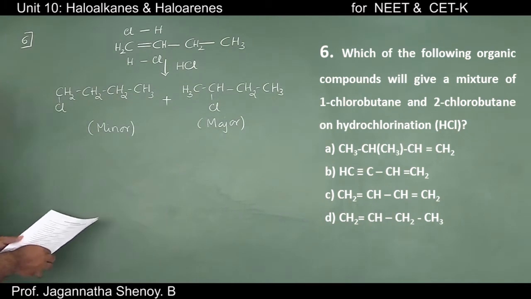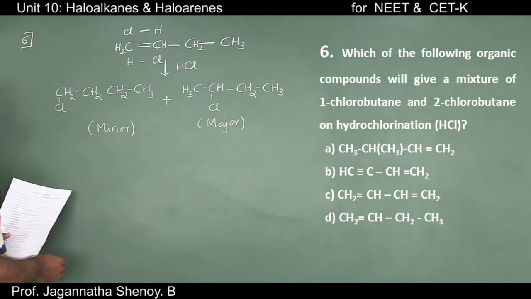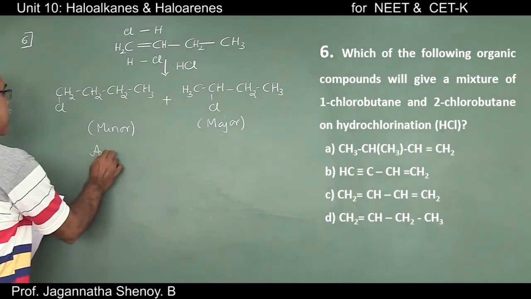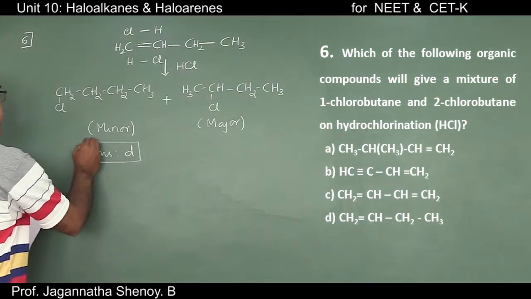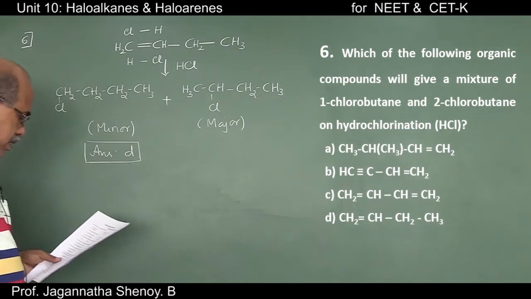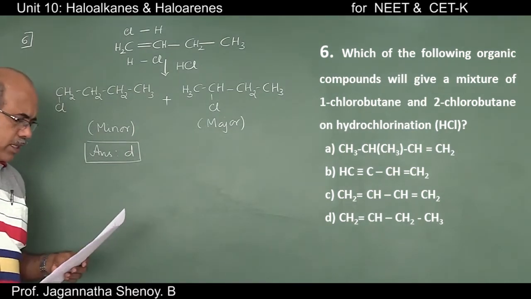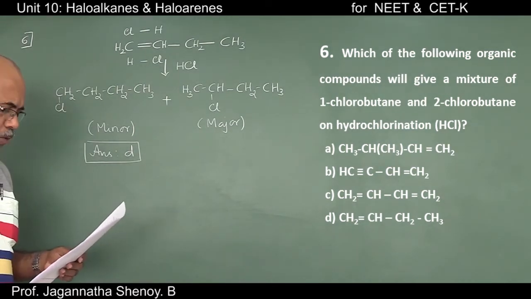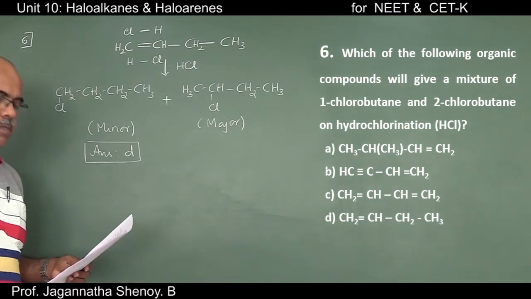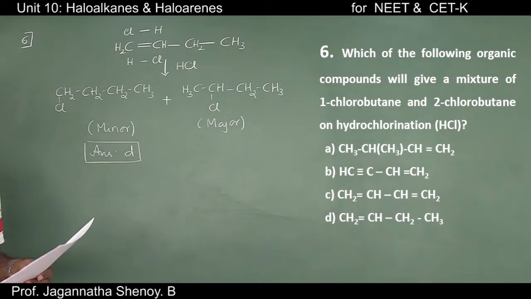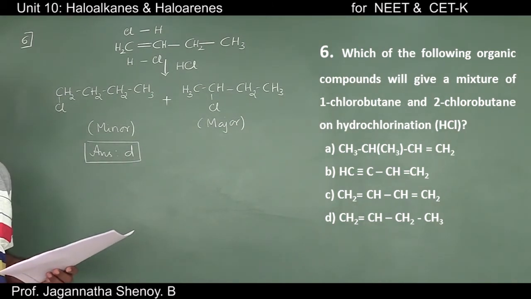So what should be the answer for question number 6? Answer should be option D. And you try with option A, option B and option C. It's very clear that it is not possible to get a mixture of 1-chlorobutane and 2-chlorobutane.